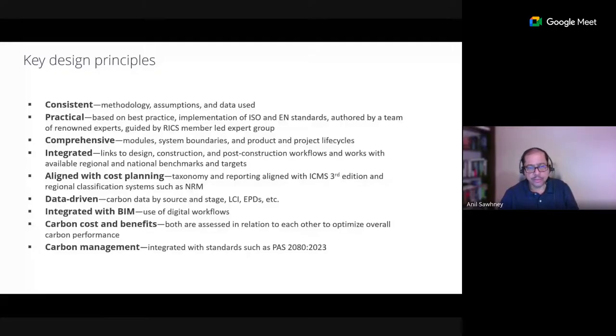It's practical. So unlike ISO and EN standards, which are basically high-level principles and mandatory requirements, our standard also provides best practice. It also provides heuristics or rules of thumb to make assumptions, to make calculations when you have limited data.